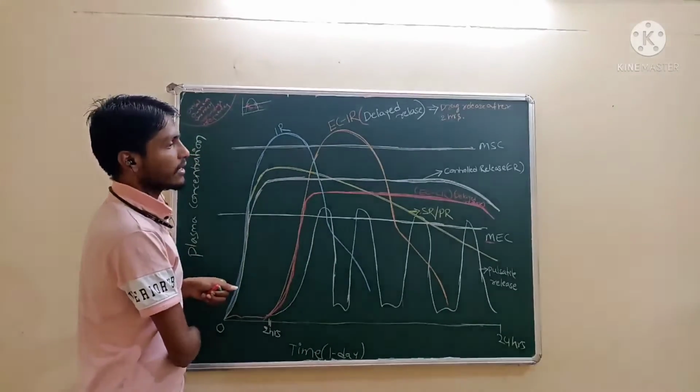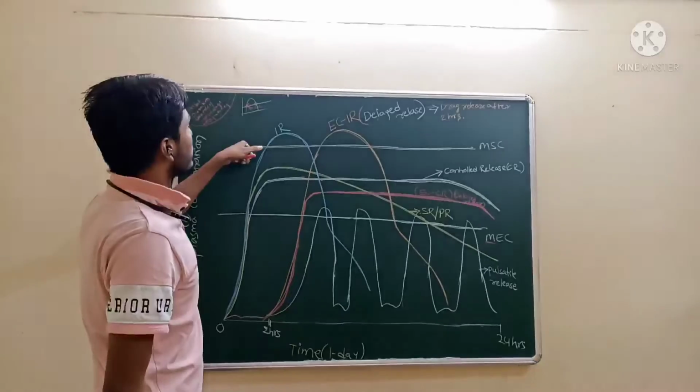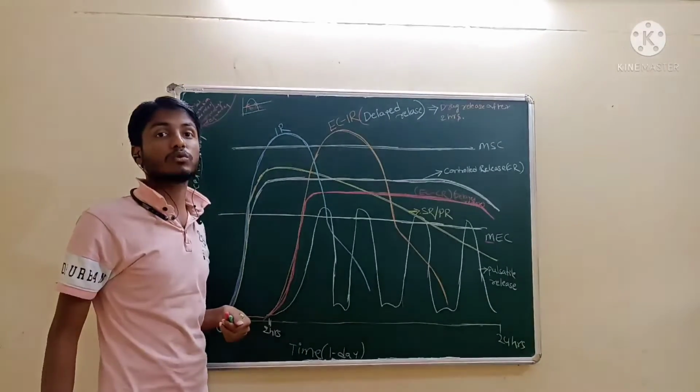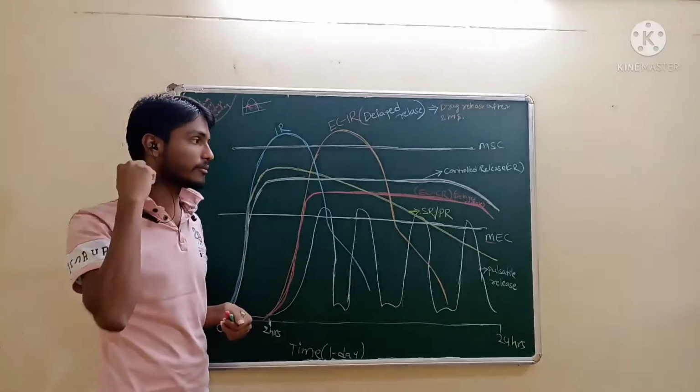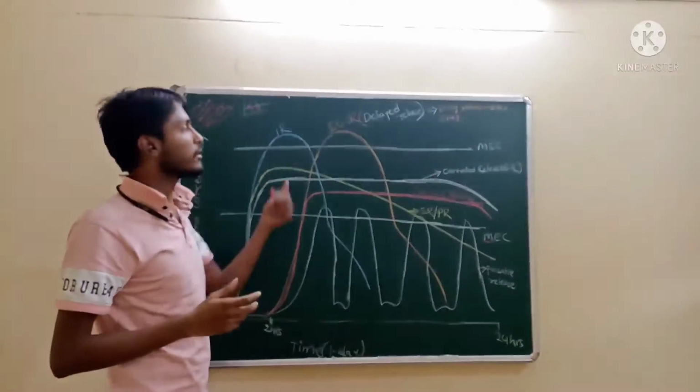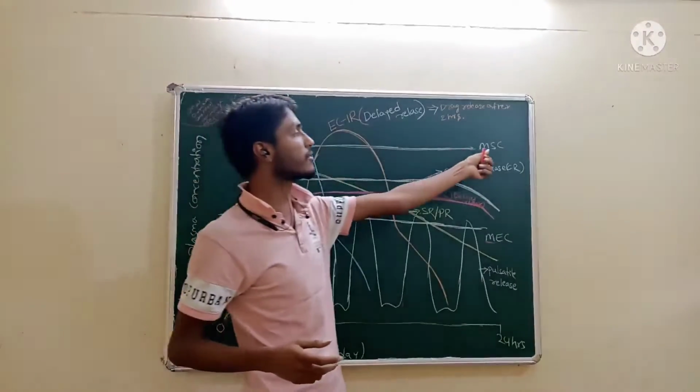Next one is side effect. We can call it dose dependent side effects. How do they occur? When the concentration of drug increases more than the maximum safe concentration.